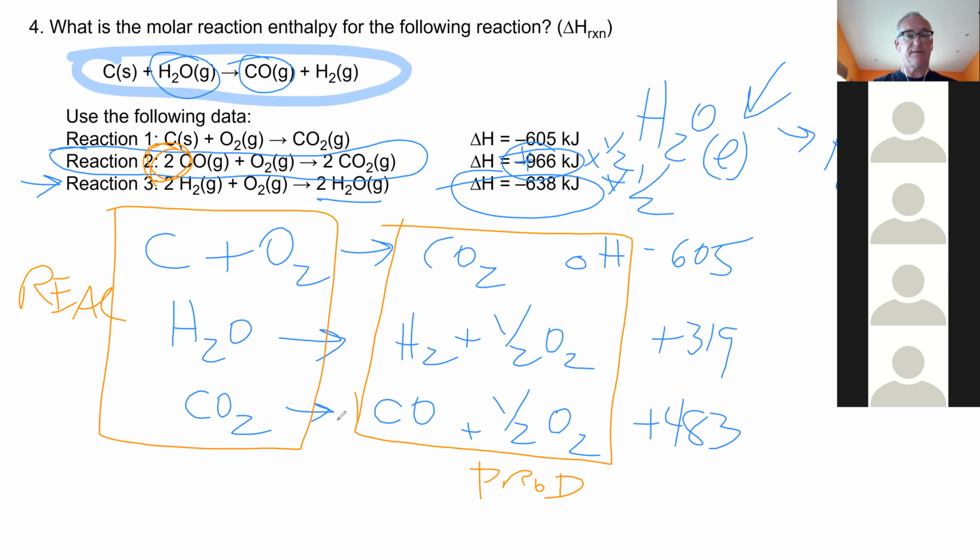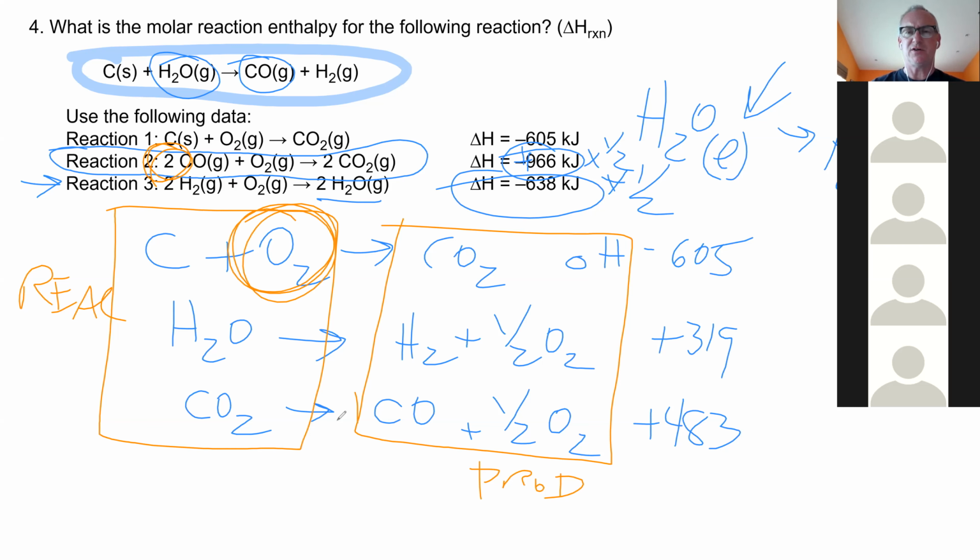I've got oxygen on both sides. So how many moles of oxygen do I have on the reactant side, on the left side? 1. I just got this 1. So there's my 1 mole of oxygen on the reactant side.